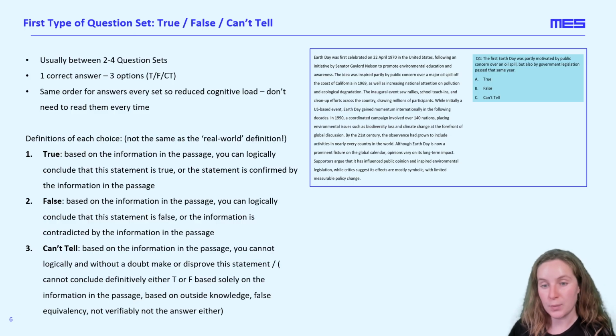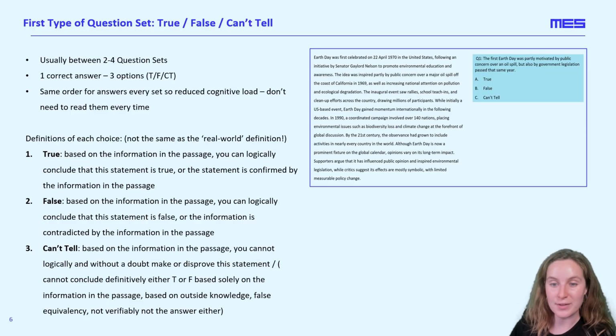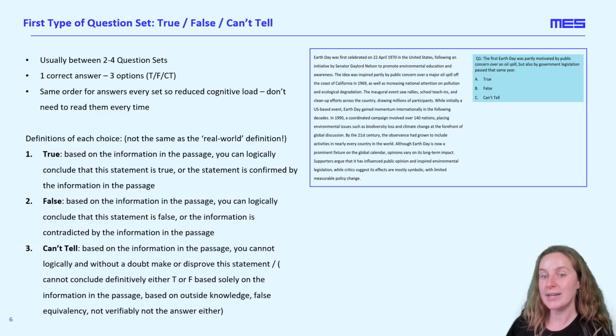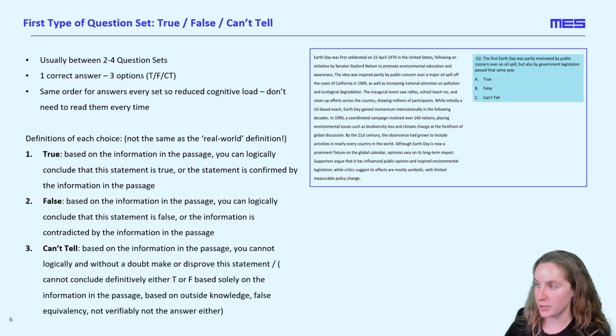So you don't need to waste time in the exam, in that precious 28.6 seconds that you have to answer each of these questions, reading the answers. You need to be really intentional about the time you are taking, spending your time reading the question and skimming the passage to find the right answer, rather than spending your time reading true, false, can't tell, or expecting them to be in a different order.